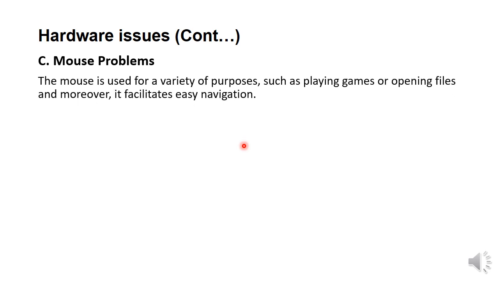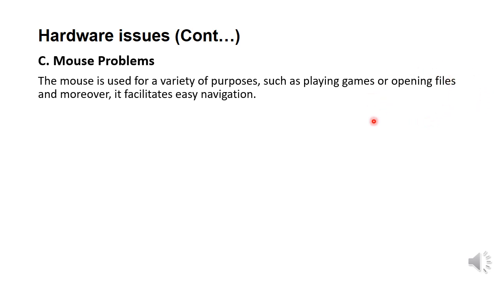A mouse is used for a variety of purposes, such as playing games. Remember that computer games are games that you can play by using computers. So once you want to play games, you are going to use a computer. If your computer mouse does not work properly, you can't play those games.